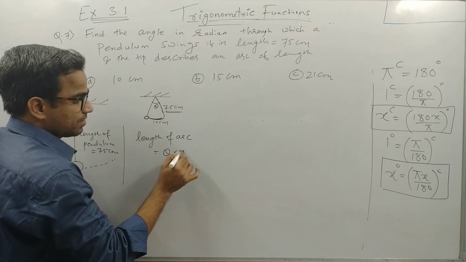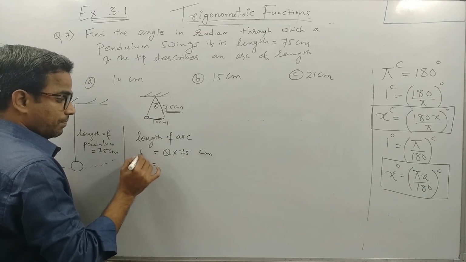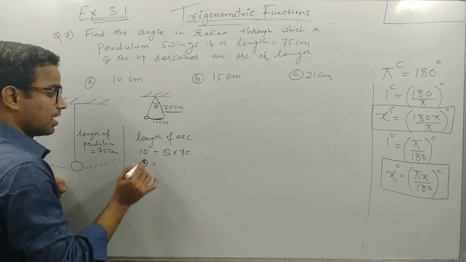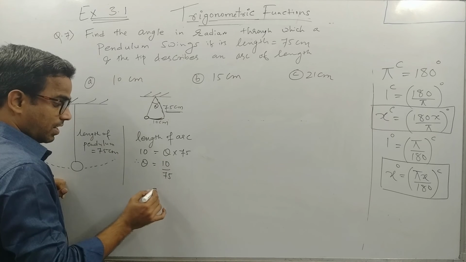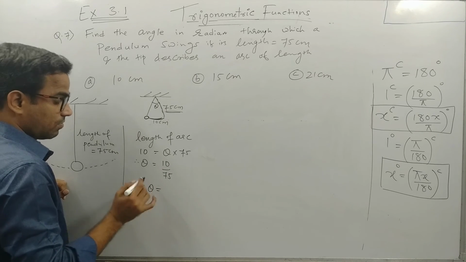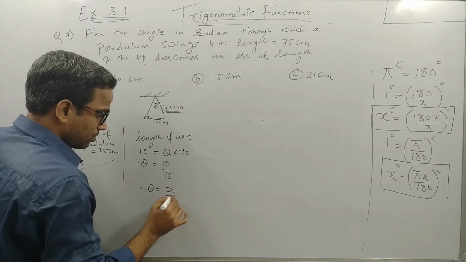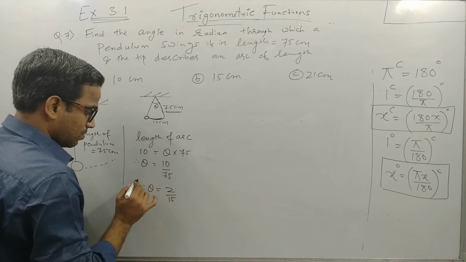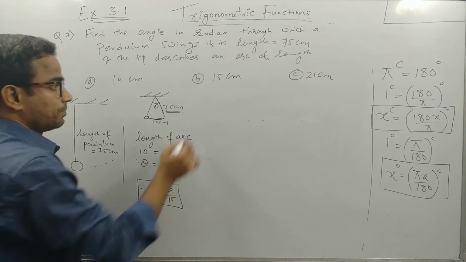So the radius is 75 centimeter and the arc length is 10. Therefore theta is 10 upon 75. As this is in radian, theta equals 10 by 75, which comes out to be 5 2s are 10, 5 15s are 75, so theta is 2 by 15 radian. They have asked in radian.